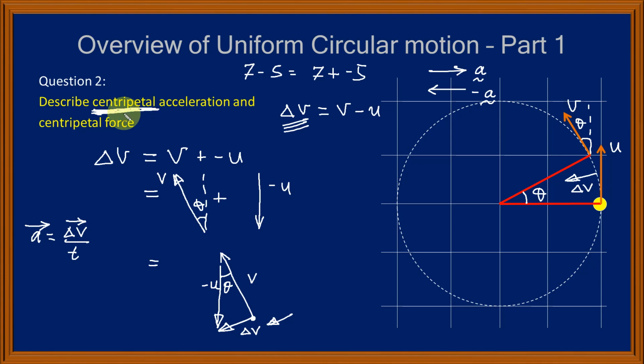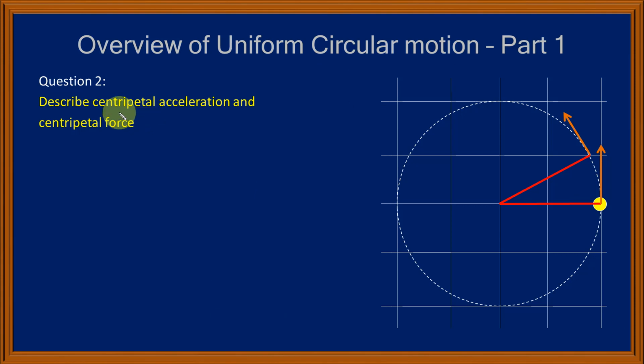So let's sum up this part by saying the following. When an object is moving in a circular path with constant speed, it is accelerating because the direction of travel is changing. And when the direction of travel changes, then the velocity is changing. And any change in velocity is an acceleration.